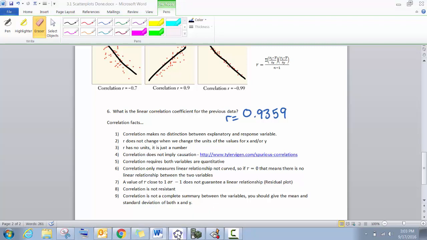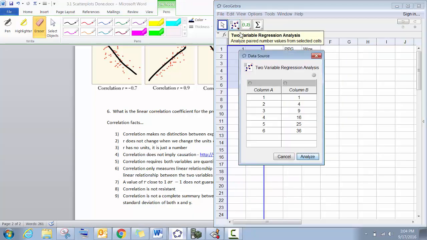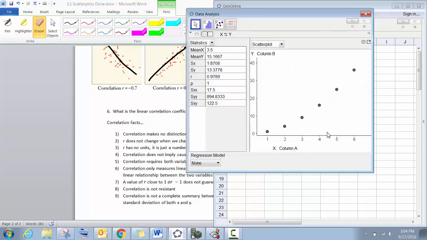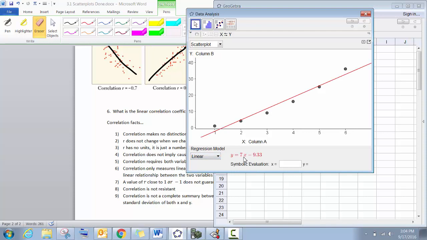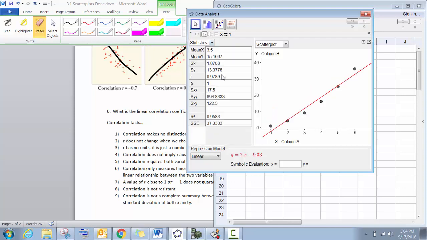But if we look at this data, it looks pretty straight. It looks like it's linear. We can do a linear model, a pretty good line. They're pretty close to it. However, we look here, we got an R value of 0.9789. That's pretty good.